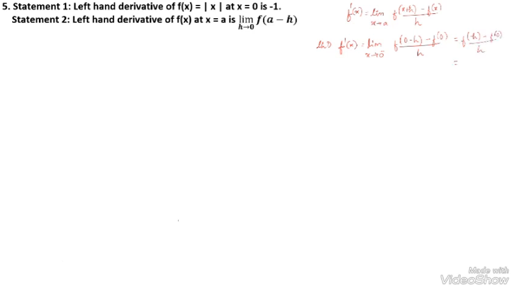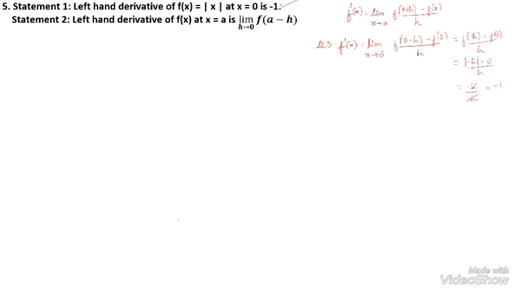For the left hand limit, mod of minus h will be minus h, divided by h. H by h equals minus 1. We have the value minus 1. They have also given that the left hand derivative of f of x equals mod x at x equals 0 is minus 1. We have the same result.